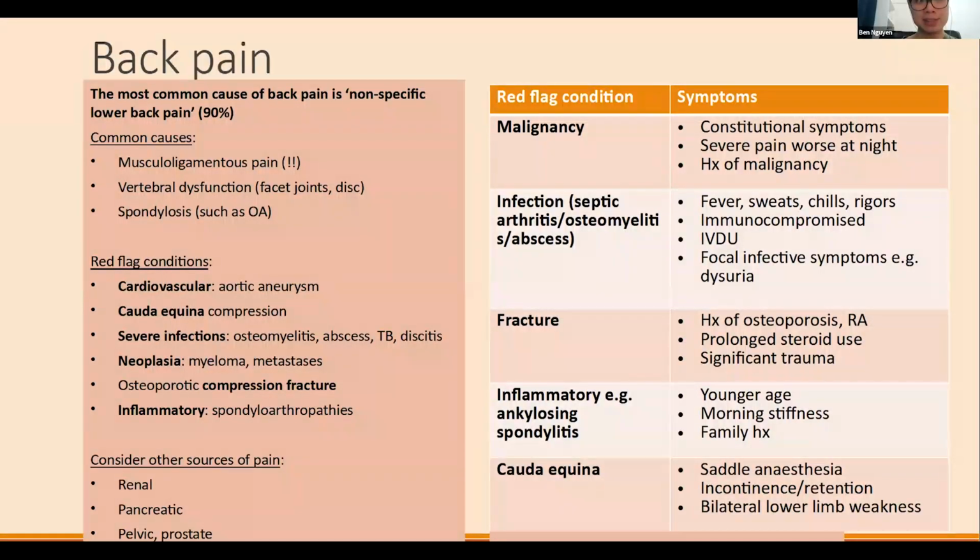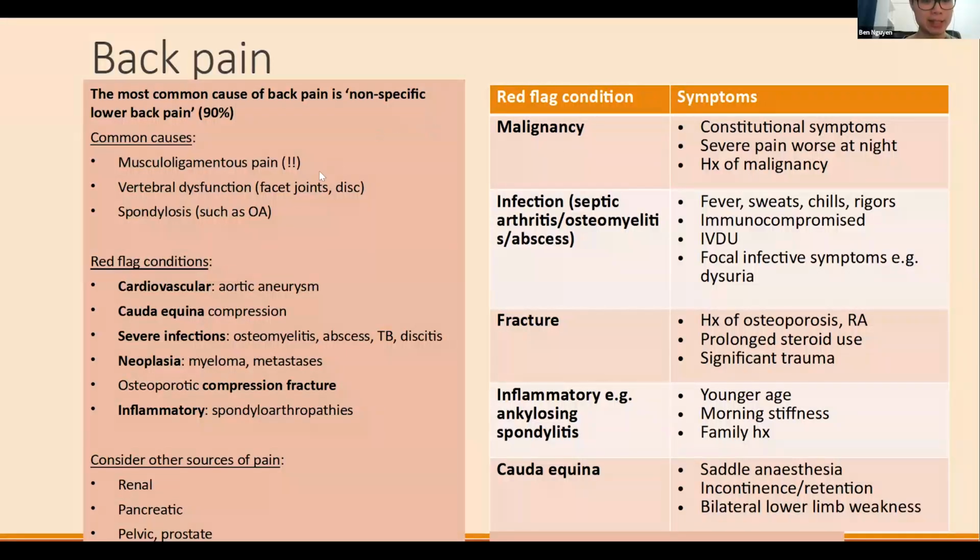And the other thing is weakness, so unilateral weakness anyway. If someone comes in with unilateral pain and weakness, you might think it's pretty bad, but you actually don't need to investigate for that either. But if they've got any of these, then send them off for an X-ray or MRI, depending on what you're concerned about.